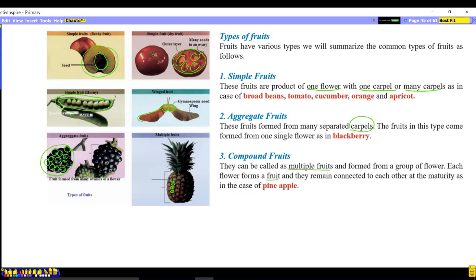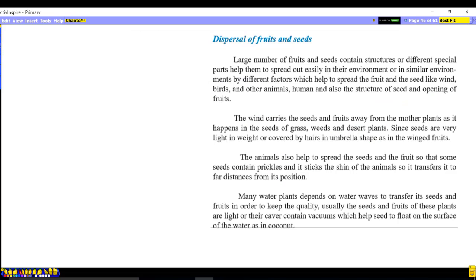Seeds and the wings of seeds help the seed to be transported to far distances. So, this is an advantage for seeds in seed dispersal. A large number of fruits and seeds contain structures of different spatial parts to help them spread out easily in their environment, because we remember we said the aim of reproduction is continuity of their generation.